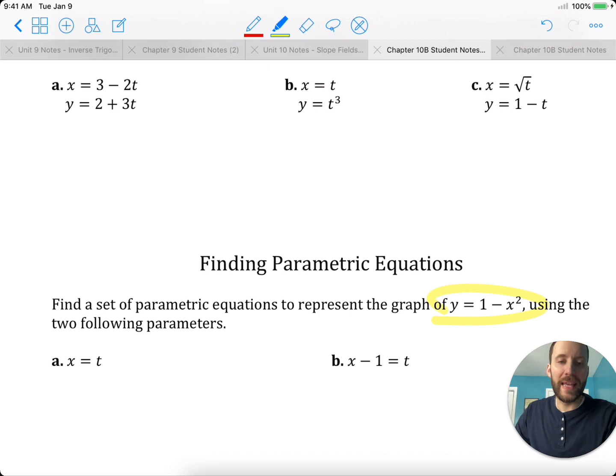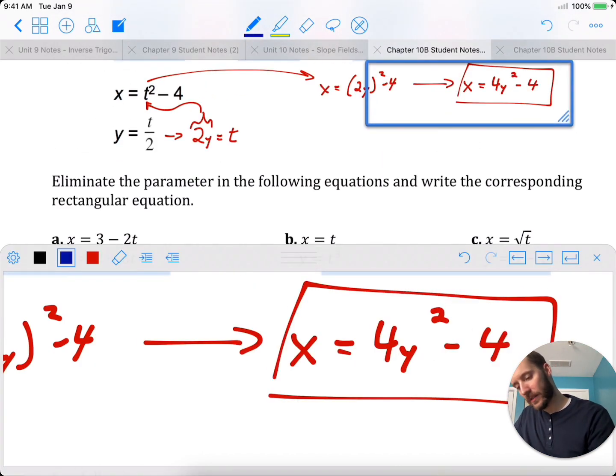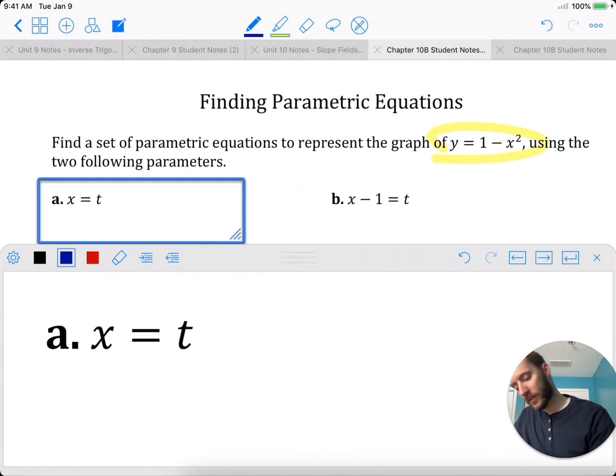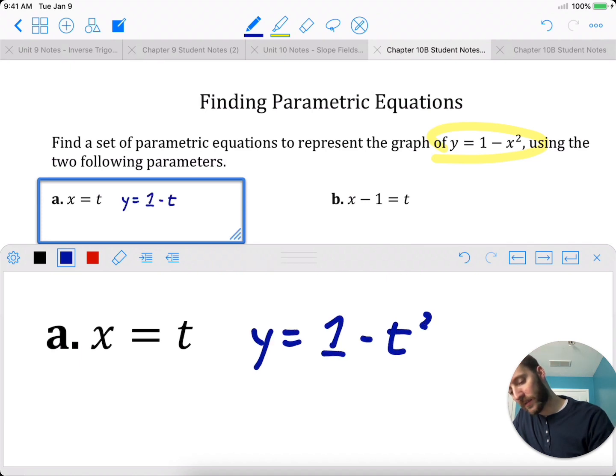So we know y is 1 minus x squared. x equals t. So we're going to use x equals t as our parameter. So then plug t in for x in your y equation. So y equals 1 minus t squared.